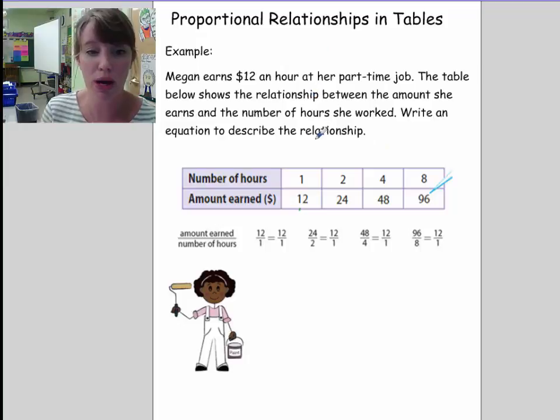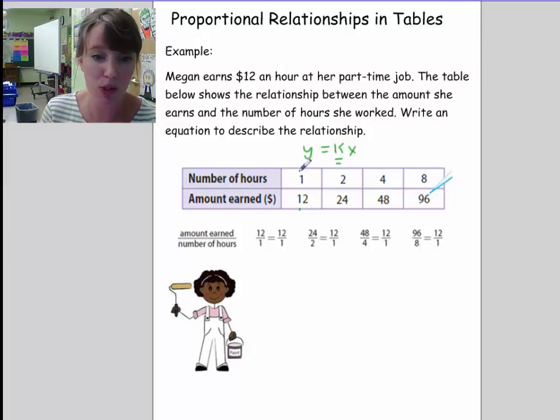First of all, in order to write this equation, y equals k times x, we're going to have to find the constant of proportionality. So let's look at the relationship between the amount that she earned over the number of hours that she worked.